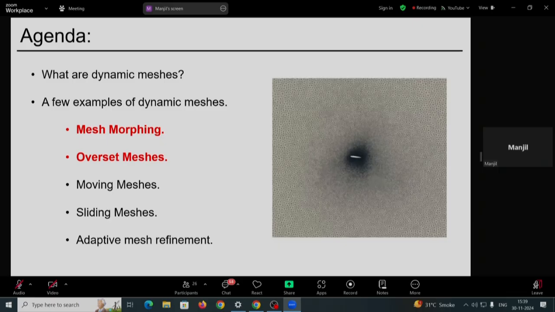The examples are morphing meshes, sliding meshes, and more. We will be focusing on the mesh morphing session and also do a tutorial.